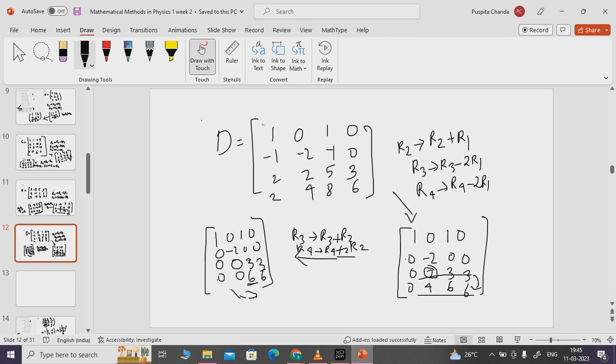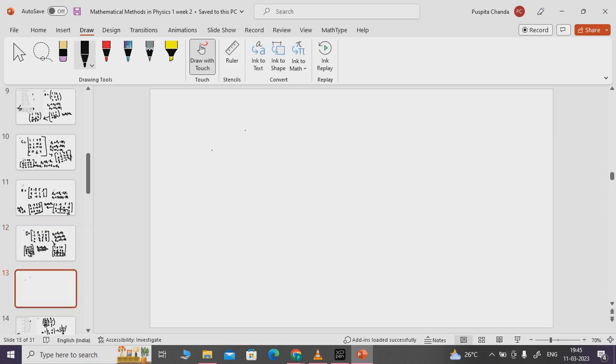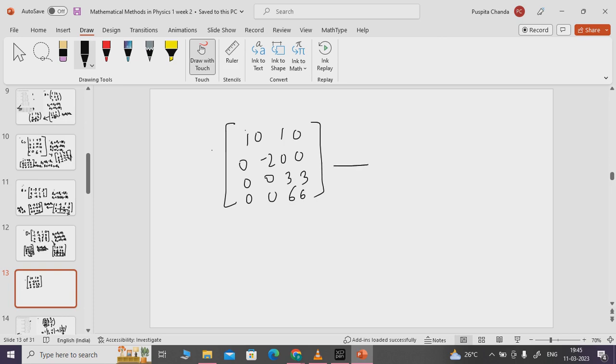Now you need to make this 6 vanish. 1 0 1 0, 0 minus 2 0 0, 0 0 3 3, 0 0 6 6. This is just R4 equal to R4 minus 2 into R3.